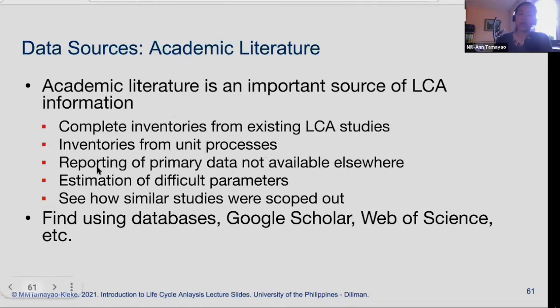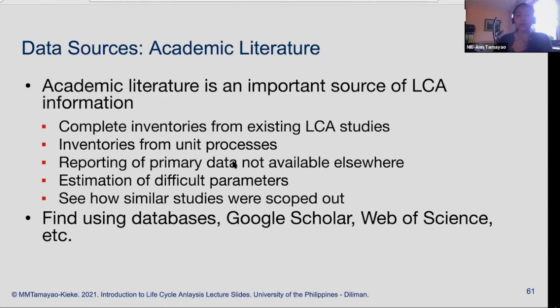You can also find inventories from unit processes, which doesn't necessarily have to be applied in the same context, that context meaning like a product system that was used in the study. So you can just extract information for a specific unit process and use it in your study if it is relevant. And then there's also reporting of primary data that is not available elsewhere. So maybe there are studies that specifically focused on obtaining primary data for some processes that you might need in your study.